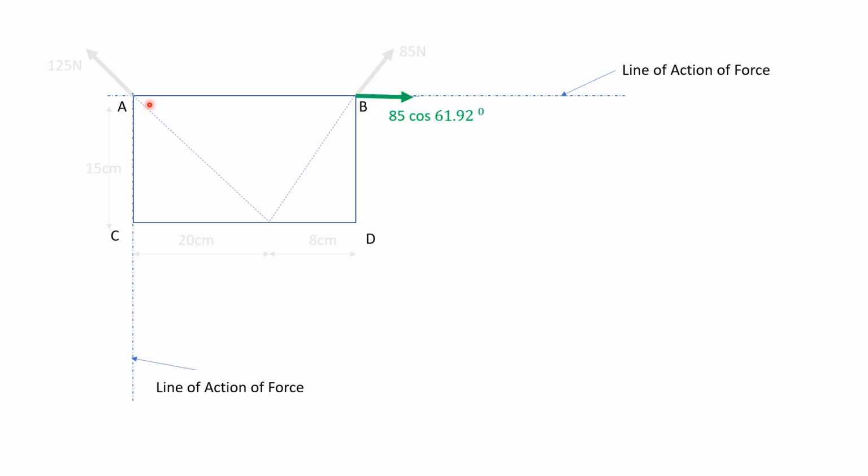So taking moment of force components about point A. Now taking moment of this component about point A, its line of action passes through point A, and it will have zero perpendicular distance. So its moment will be zero about point A.